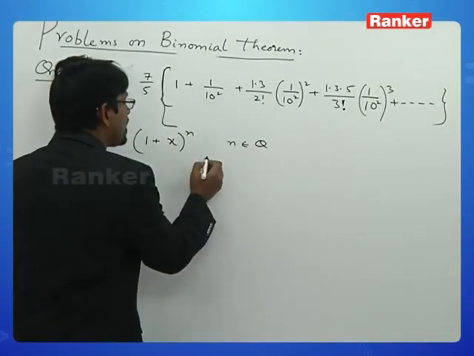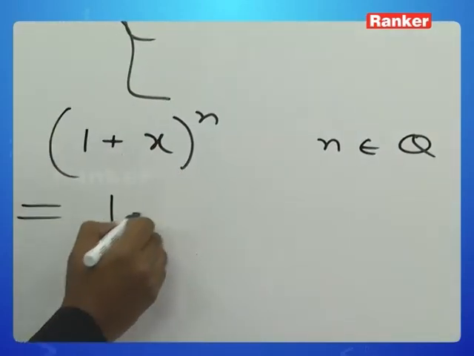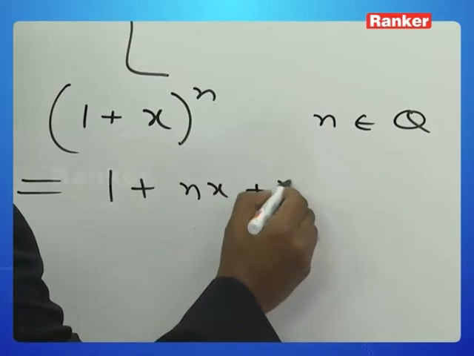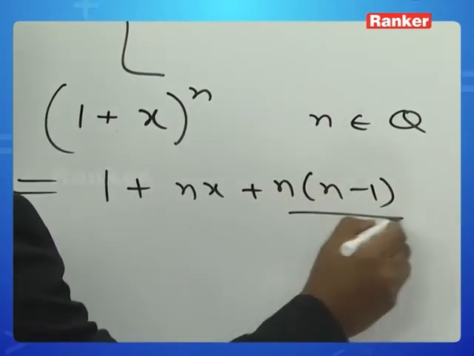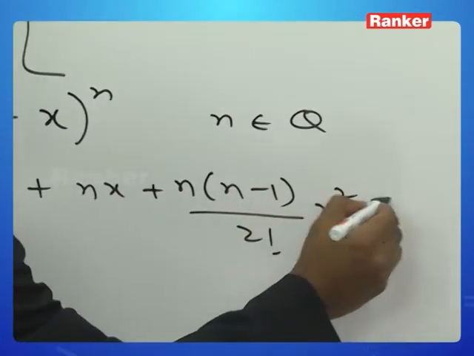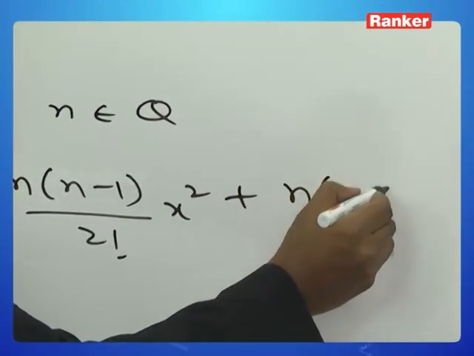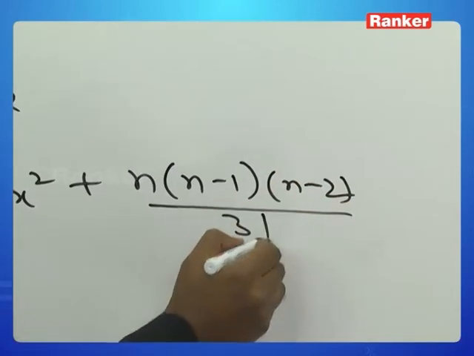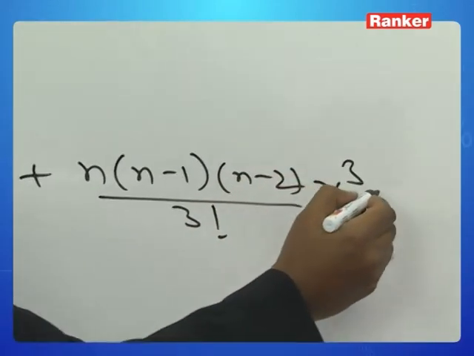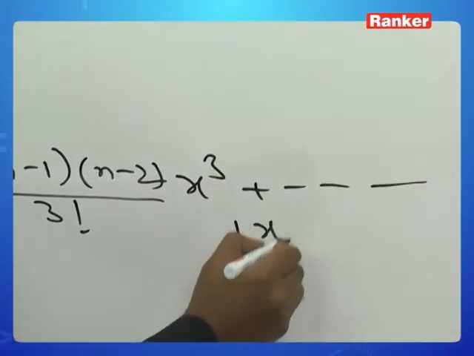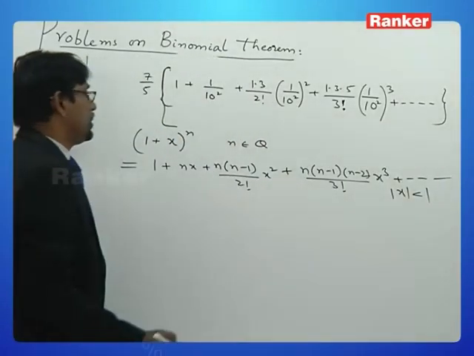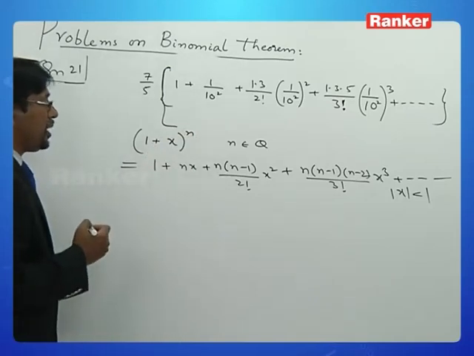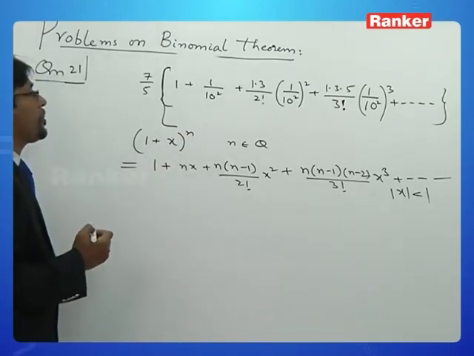This has an infinite expansion like this: 1 plus nx plus n into n minus 1 by 2 factorial into x square plus n into n minus 1 into n minus 2 by 3 factorial into x cube, and so on and so forth. An infinite expansion provided mod x is less than 1. This (1 plus x) power n has an expansion like this, provided mod x is less than 1.